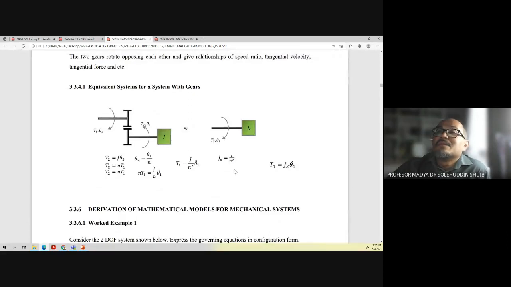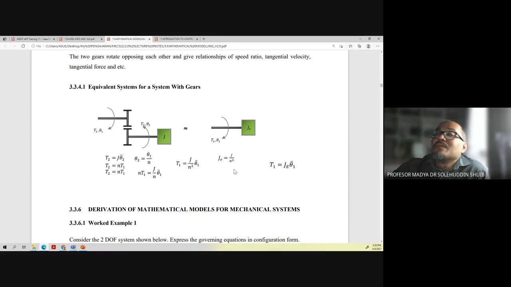For a system with gear, this is how we can write. T2 is J theta double dot 2, and then T2 is NT1.